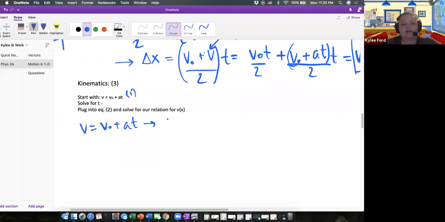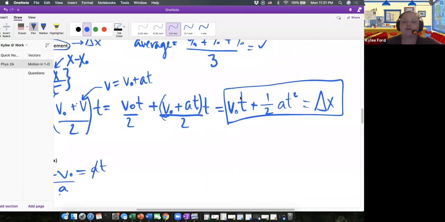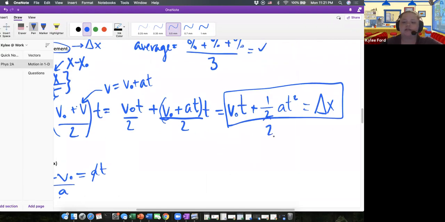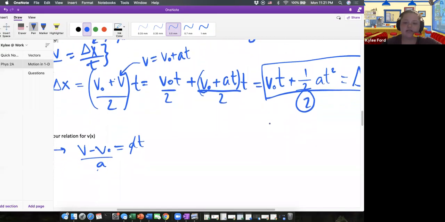So using a bit of algebra, v minus v naught equals a times t. I want to divide that out, so I'm going to divide that over here. So now I have t solved for. And now I want to take that t and plug it into my second equation that I just solved for. So I want to plug it into there.